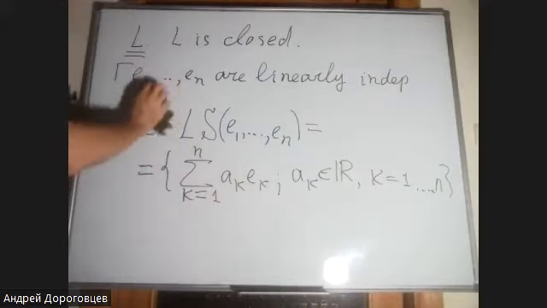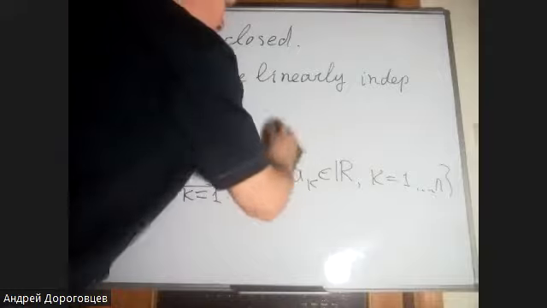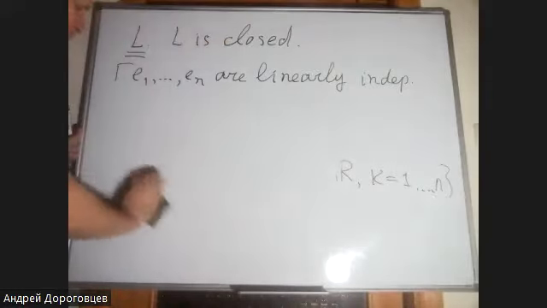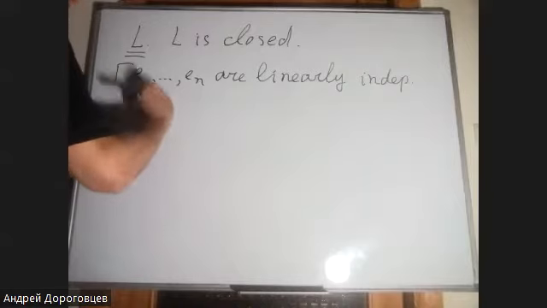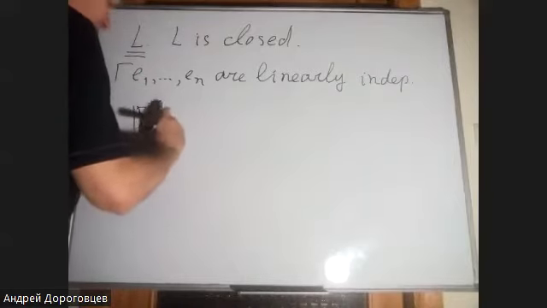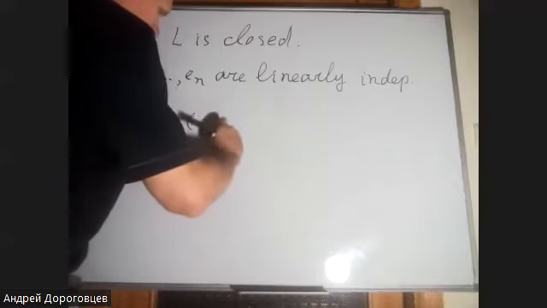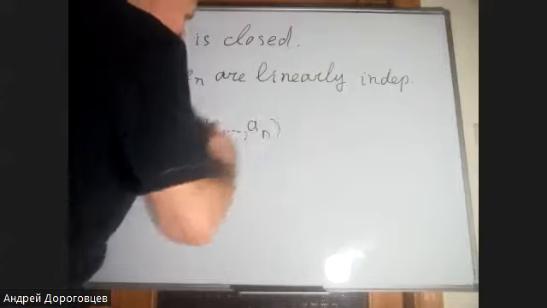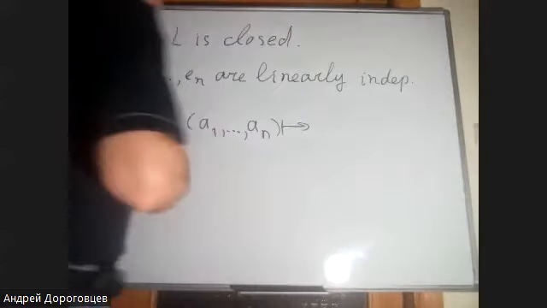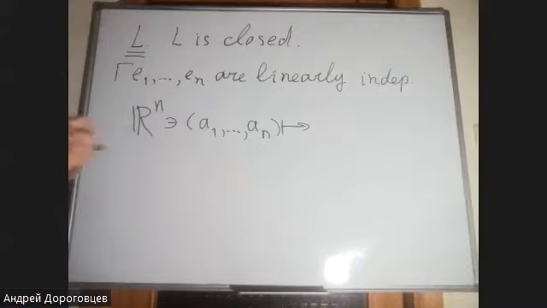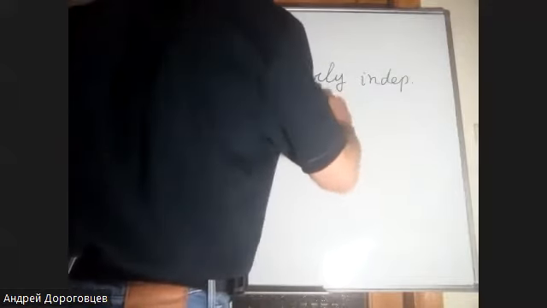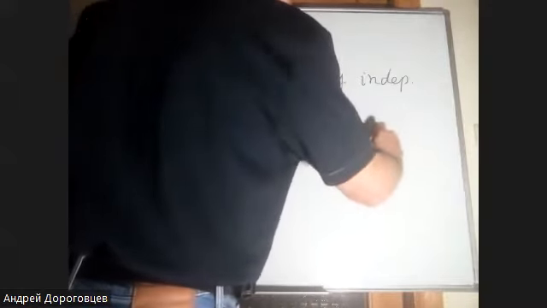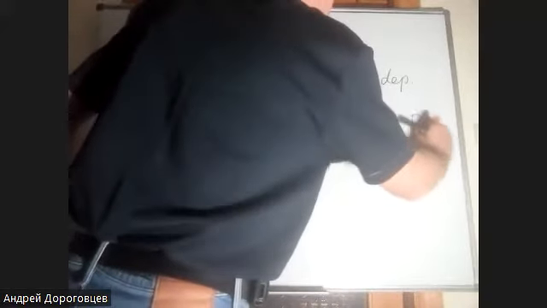Then one can consider the following map from Rn to our space B. Namely, if here we take the sequence of coefficients an, then one can put into correspondence to this sequence the sum from k equal 1 to n of ak ek, which belongs to our space B.